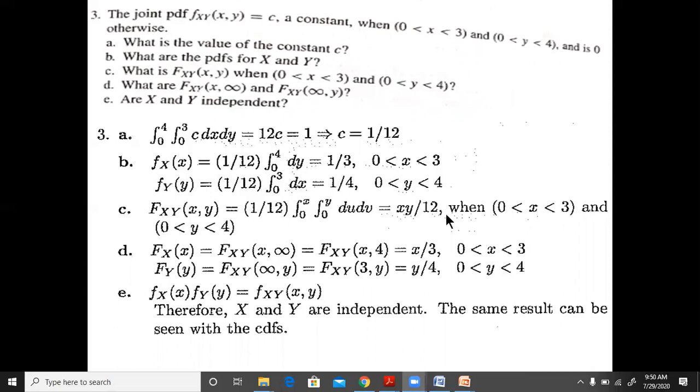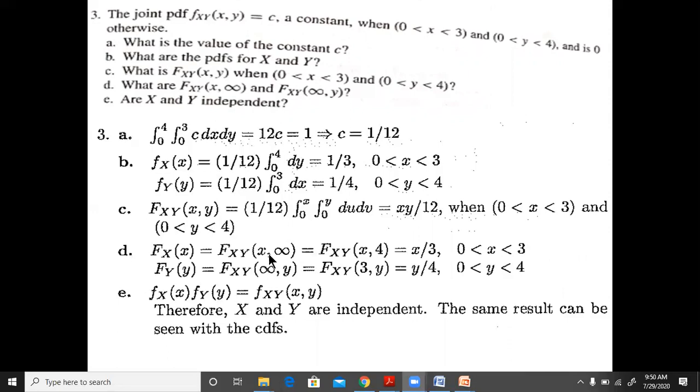So x into 4 by 12 will give us x by 3. You can't substitute infinity here. Please remember that the cumulative distribution function exists only for values of x between 0 to 3 and values of y between 0 to 4. So infinity can be replaced by the maximum limit 4 over here.